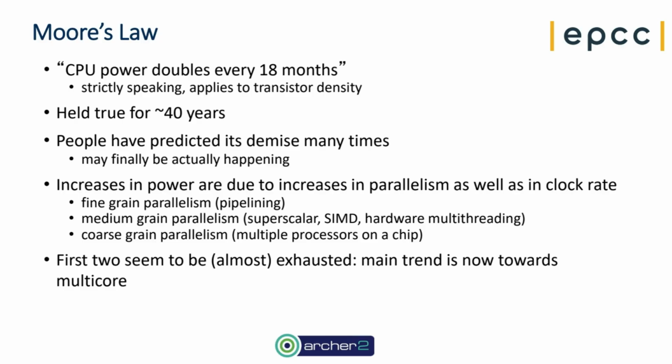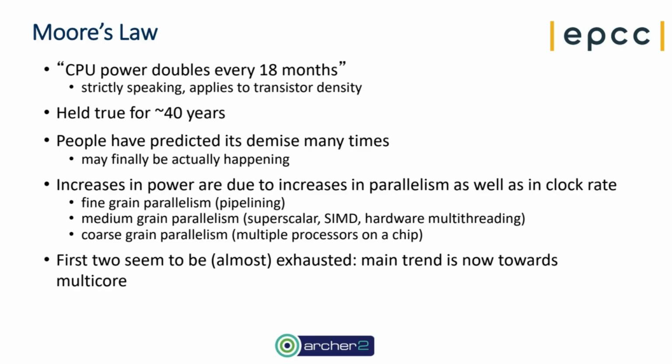And what do you do if you have more transistors on your chip because you shrink the process? What do you do with them? The only real gain being played now is just to add more cores.